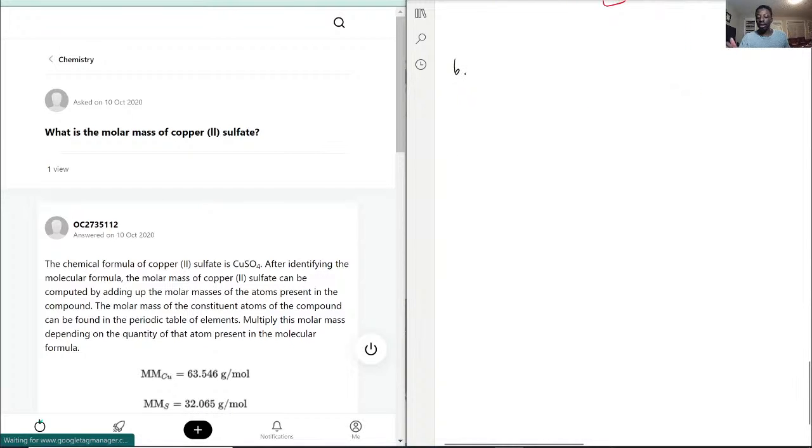Molar mass of copper 2 sulfate. Okay, so for this we first have to figure out what it means to have copper 2 sulfate to actually find the molar mass.